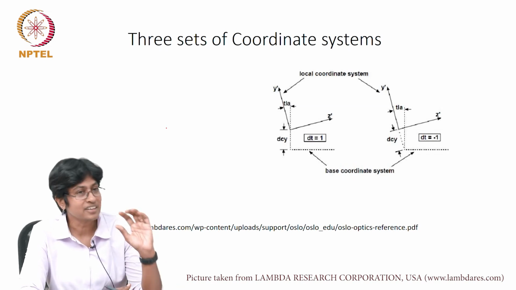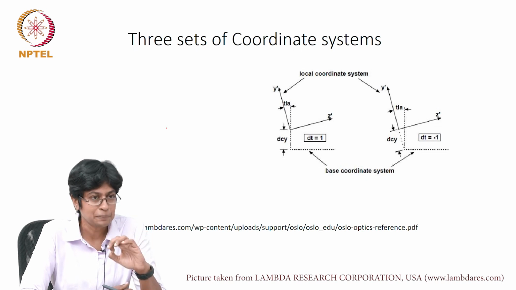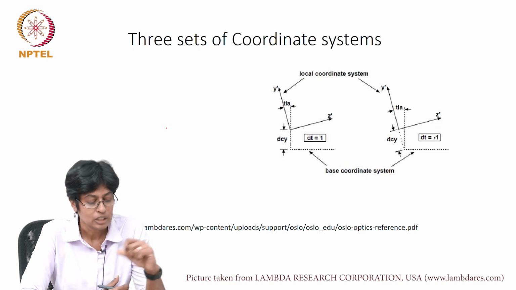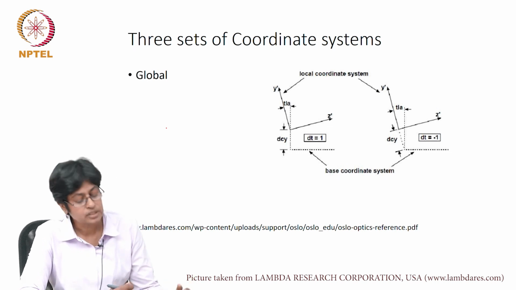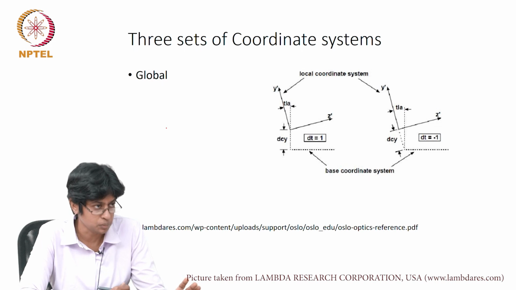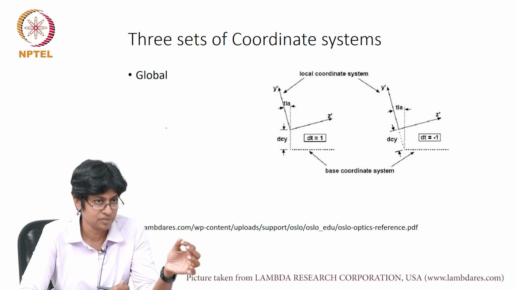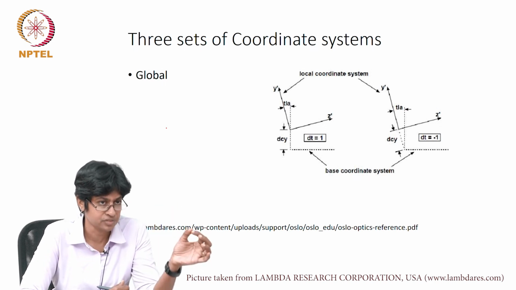Now there are 3 sets of coordinate systems that you need to get acquainted with to be able to do what I said our goal was. So one of them is called the global system. We have not been using the global system. The global system, as the name suggests, will assign, or you will assign, one surface as your global reference surface.